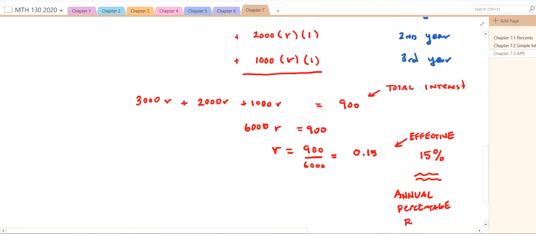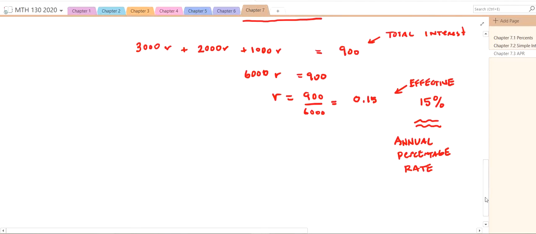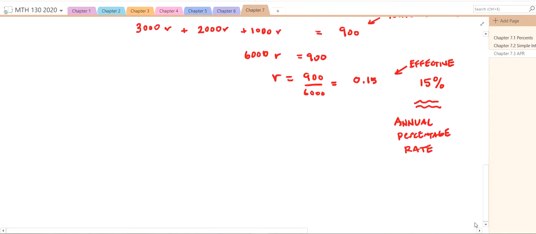An annual percentage rate is a rate that takes into account the fact that you are paying off some of the principal. And it's a more fair way of representing the interest you're paying. And this is why the government mandates that lenders tell you what your annual percentage rate is when you take out loans.